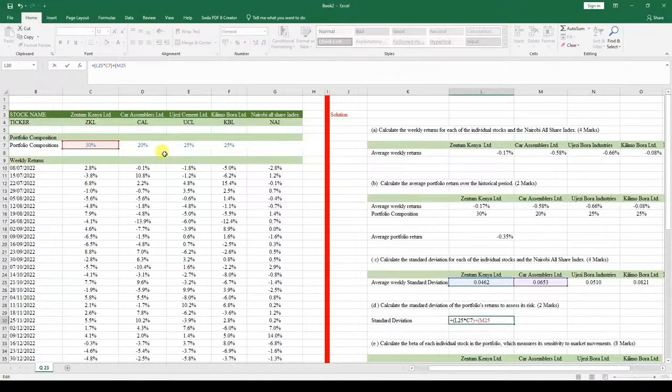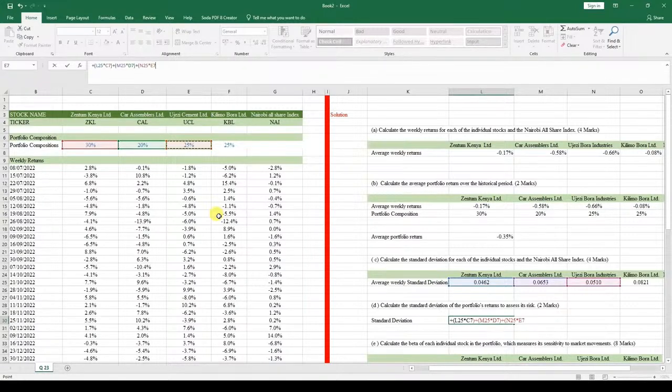So we open the brackets there, and then we multiply that with Car Assemblers' corresponding portfolio composition weight. We open the brackets, we pick Ujenzi Bora's weekly standard deviation, times the Ujenzi Cement weight over here.